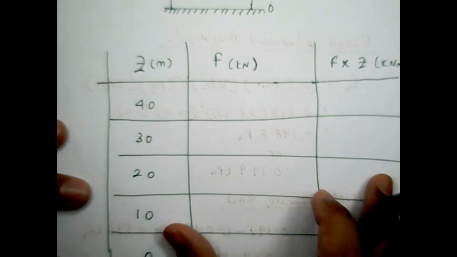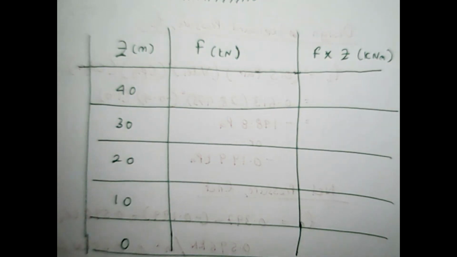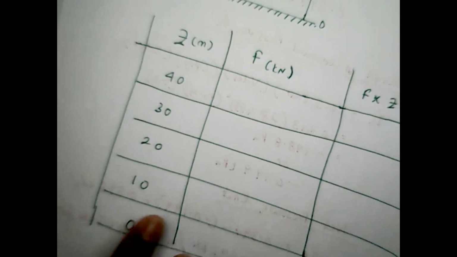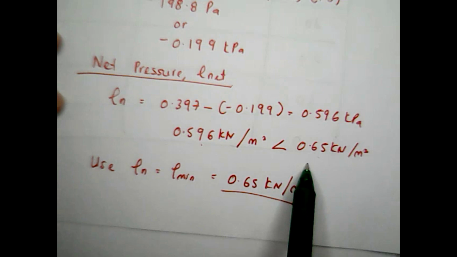Alright, so for 40 meter, we now know at these times, though earlier our V dash is different. If we calculate earlier, our V dash is different, but when we calculate for the pressure, it is still less than 0.65.